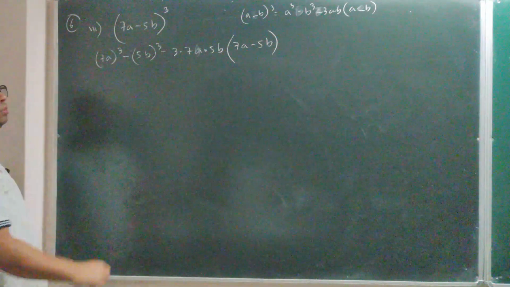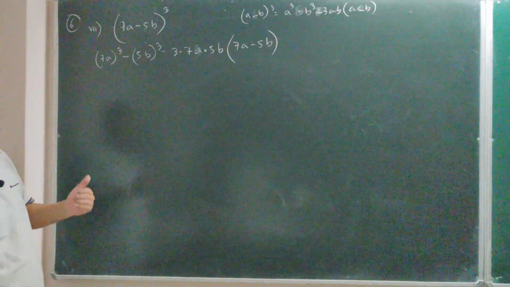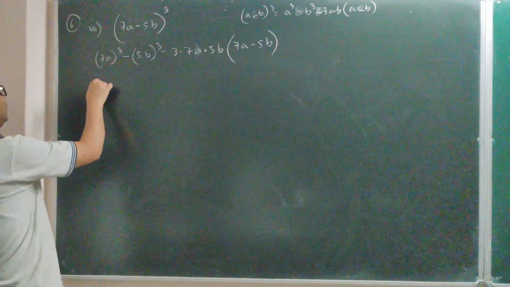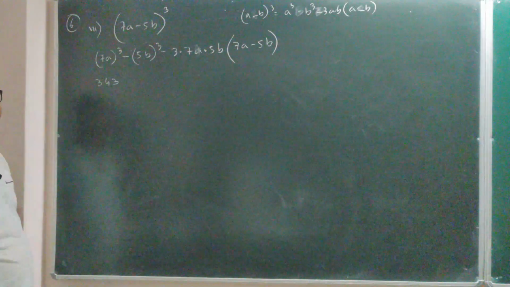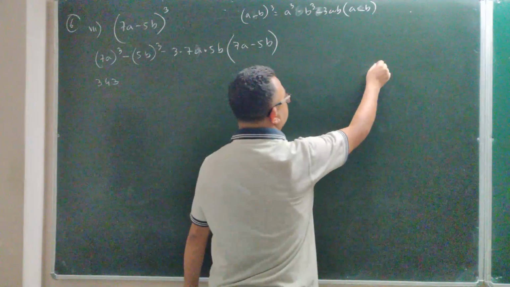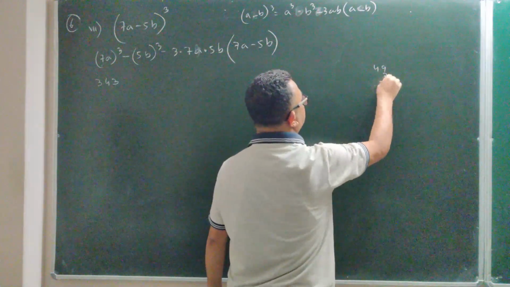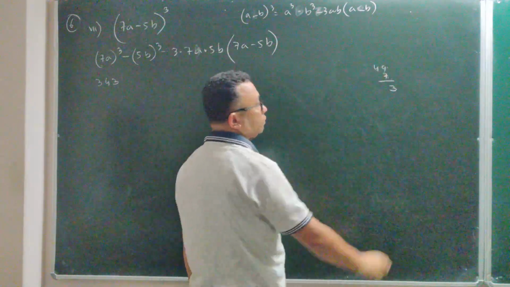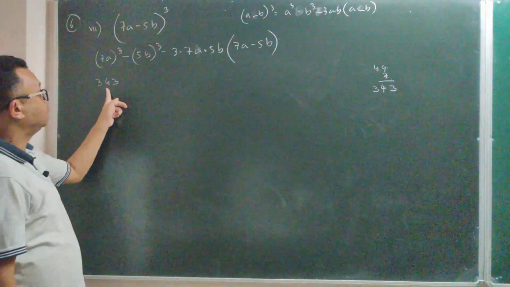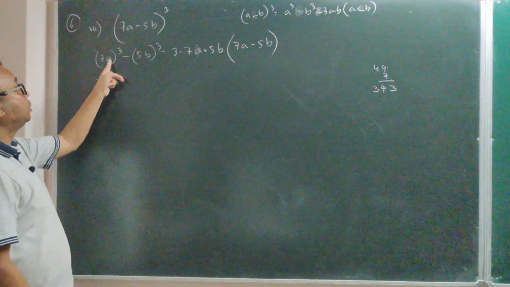Then 7 cube. So 7 into 7 is 49, and 49 into 7 is 343. Here you are, 7 into 7 is 49, 49 into 7, 7 9 63, and 7 4 28, and plus 6 is 34, 343. And cube is for 7 also, cube is for a also.